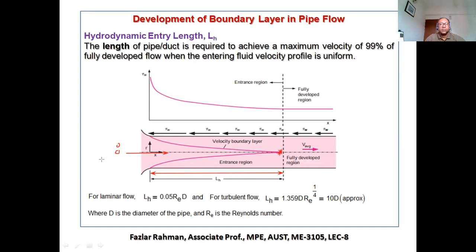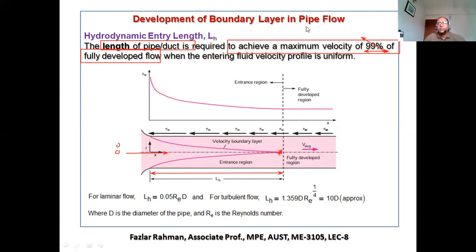Right over here it is uniform, but the distance to a region where you have 99% of free stream velocity is called the hydrodynamic length. It is the length of the pipe or duct required to achieve a maximum velocity of 99% of fully developed flow when fluid enters with a uniform velocity profile at the entry. Okay.